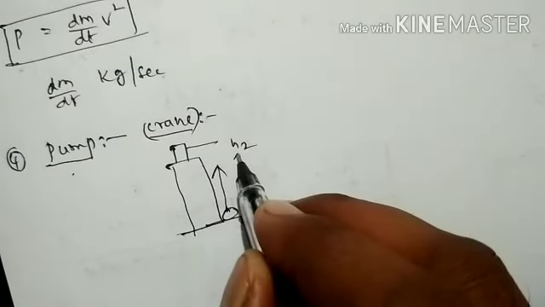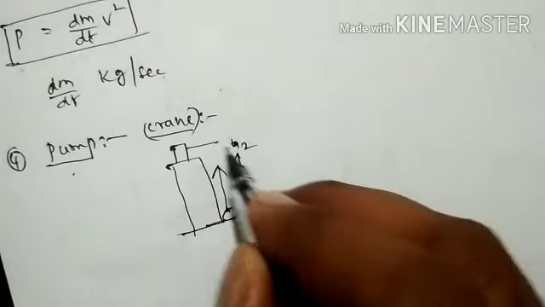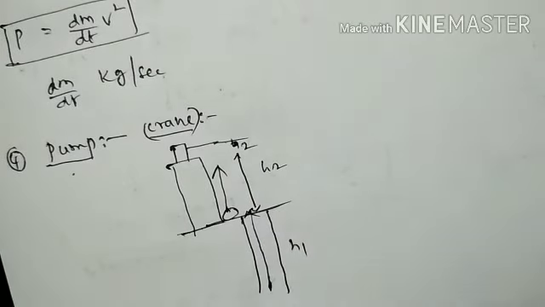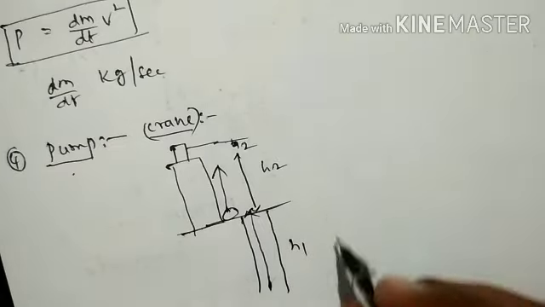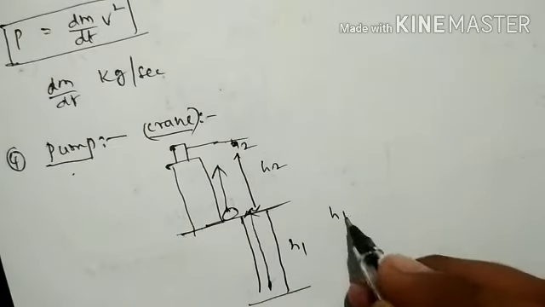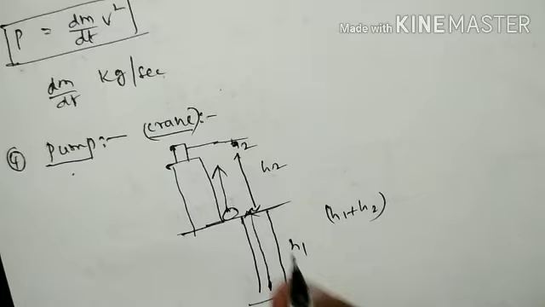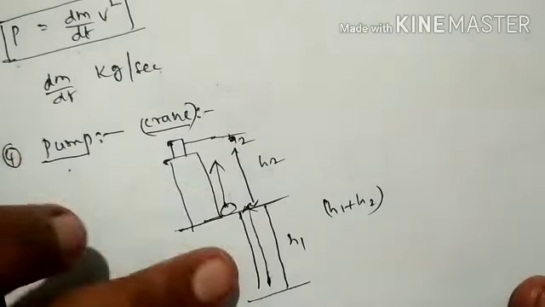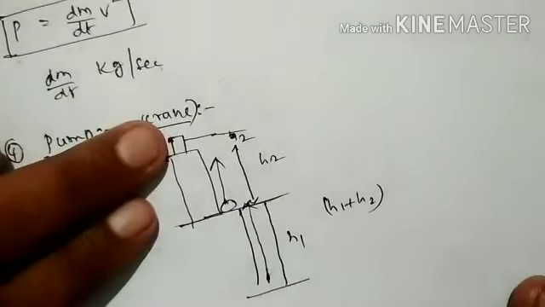So the total height to which the water is lifted, from the bottom to the tank, is h1 plus h2. To lift this, work is done against the gravitational force.